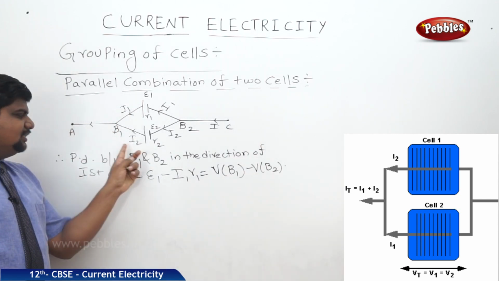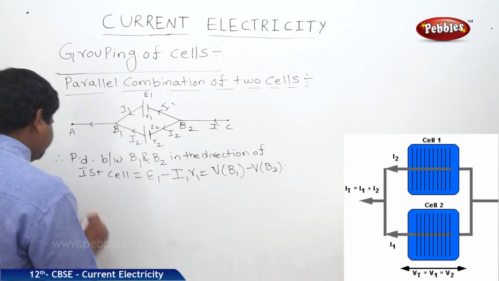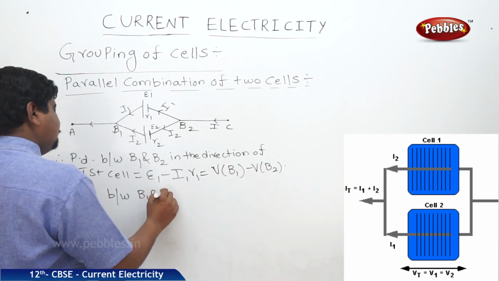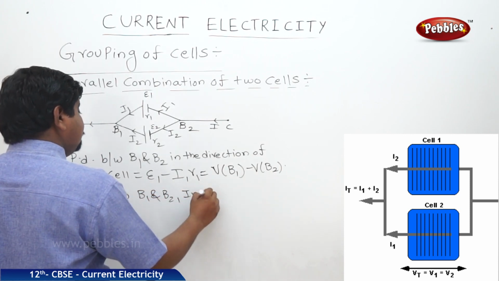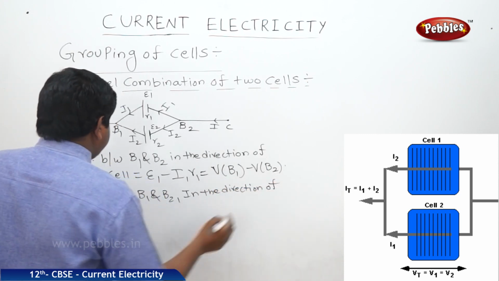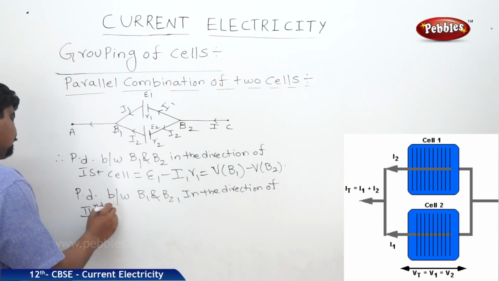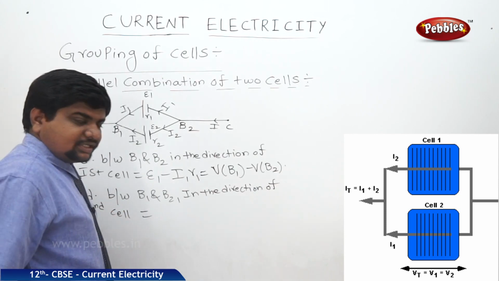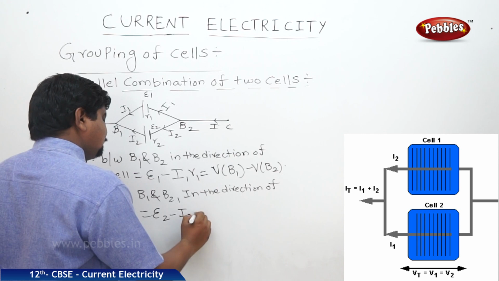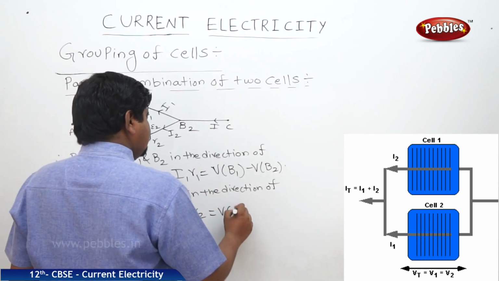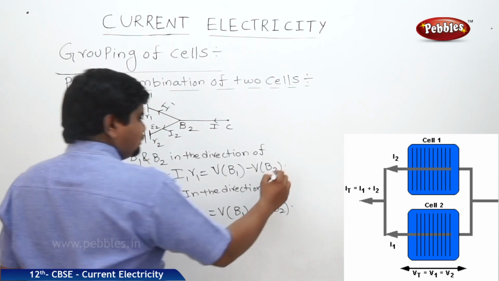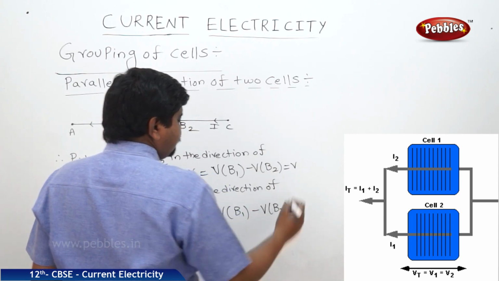Next, the potential difference between B1 and B2 in the direction of the second cell is equal to E2 minus I2 R2, that is nothing but V of B1 minus V of B2. So this is V, this is also V.